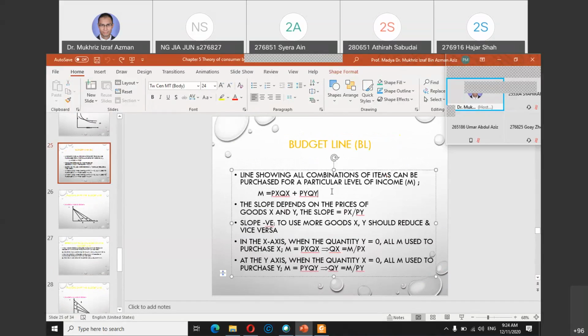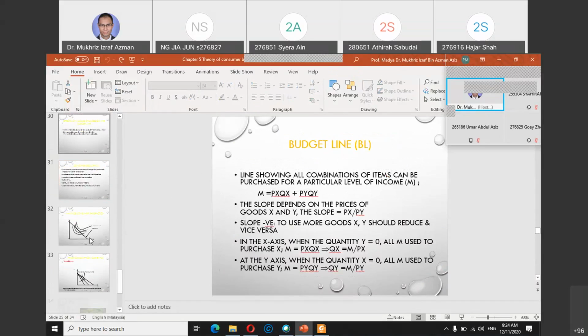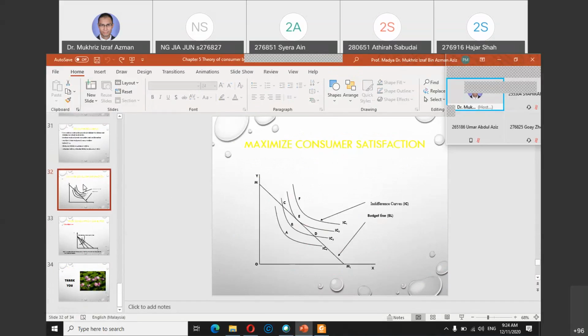When is the consumer at equilibrium? The consumer is at equilibrium when the ratio of MUx per Px equals MUy per Py, correct? That is what we mentioned just now.